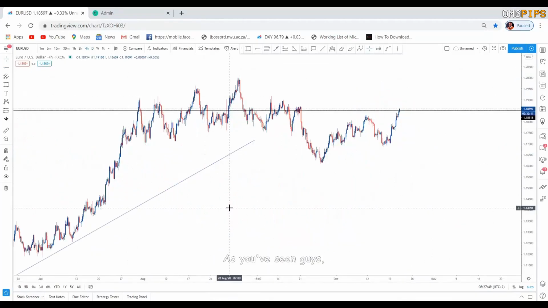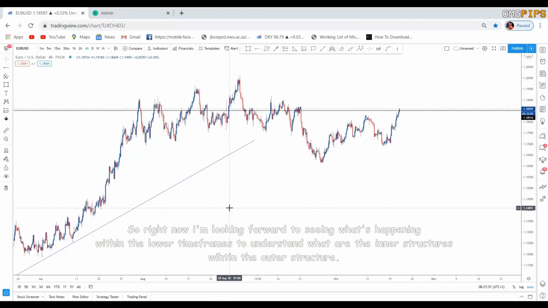As you've seen, guys, on a bigger time frame, I've literally established my overall structures, meaning the outer structures. So right now I'm looking forward to seeing what's happening within lower time frames to understand what are the inner structures within the outer structures.